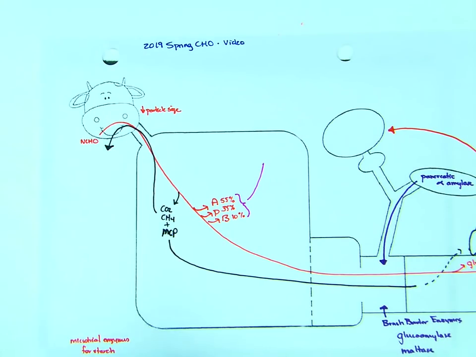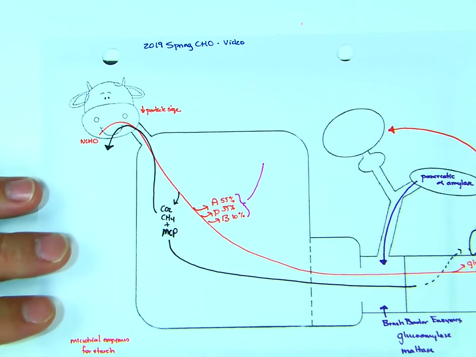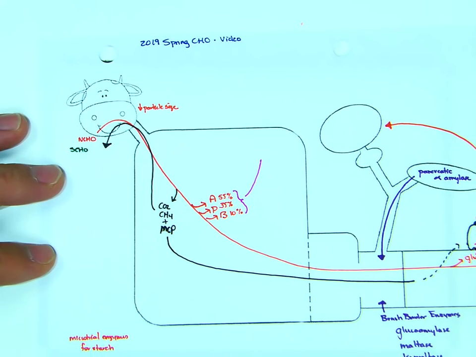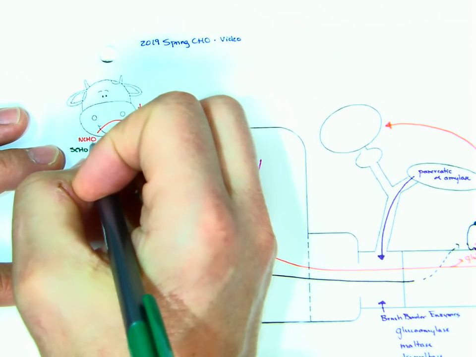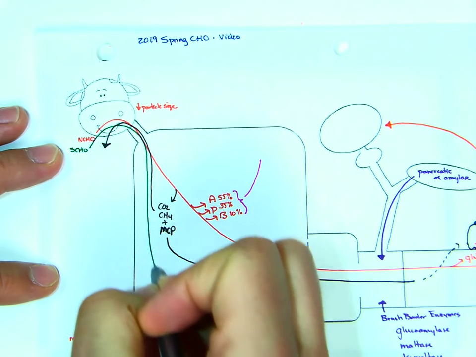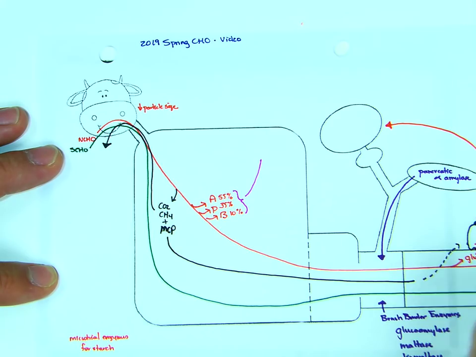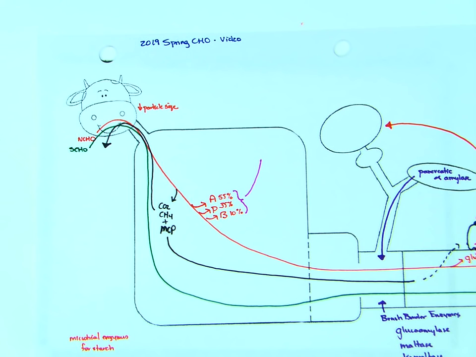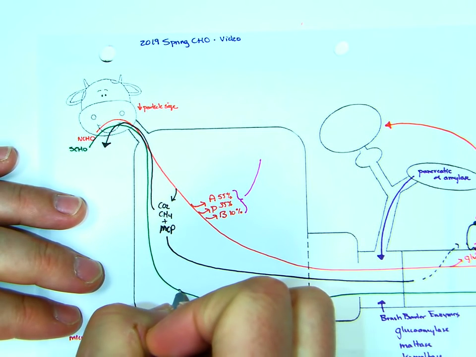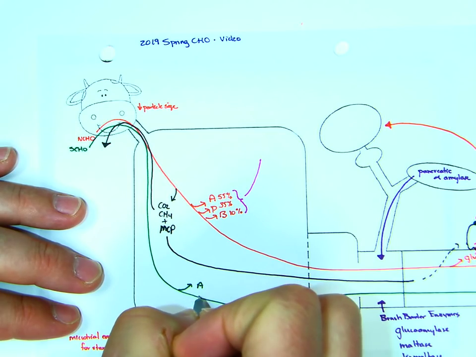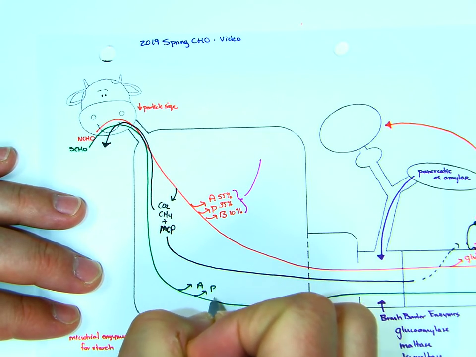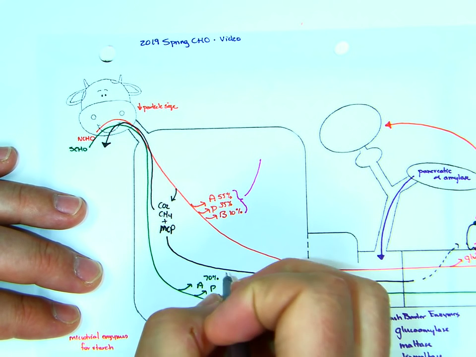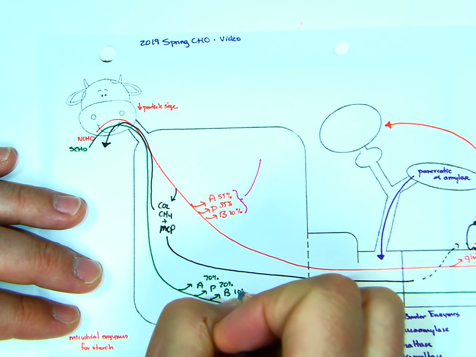Now we're going to come back to the mouth. We're going to feed our cow structural carbohydrates. Draw the line all the way through. And in the rumen, the structural carbohydrates are going to be fermented. We'll produce acetate, propionate, and butyrate, and we'll say 70%, 20%, 10%.